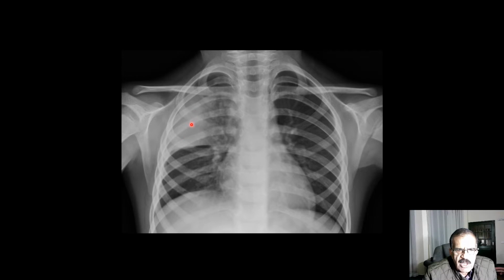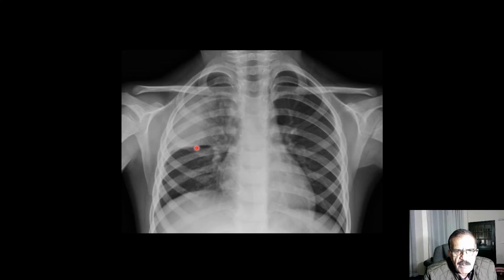If you compare this part with the corresponding left side, you can clearly say that this part is abnormal. There is a homogeneous, uniform opacity in the right upper lobe, and it is demarcated by a very sharp lower margin, and any sharp margin in the X-ray is most likely to be due to a fissure of the pleura.